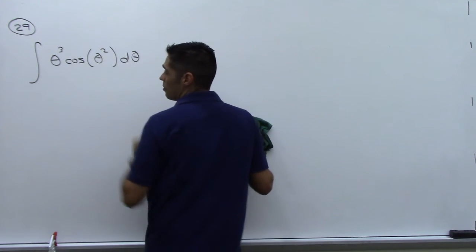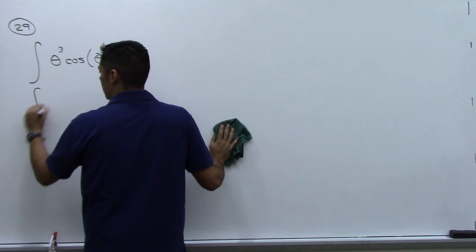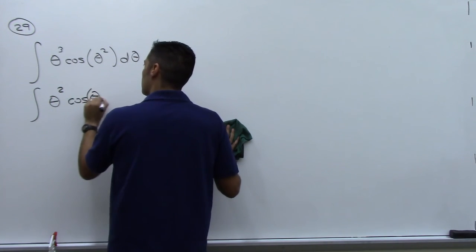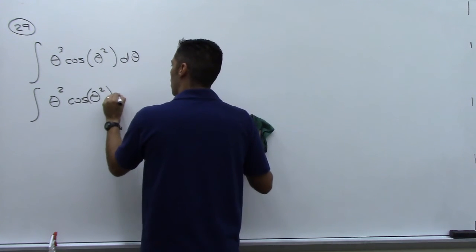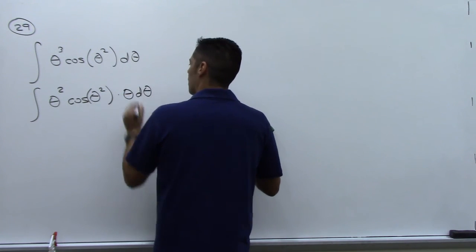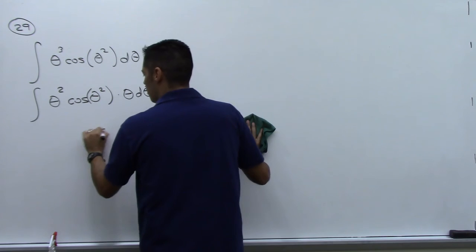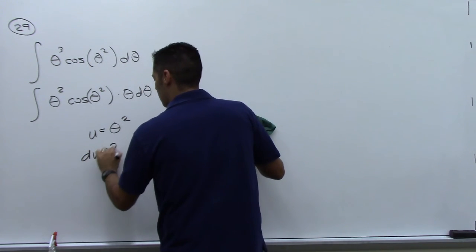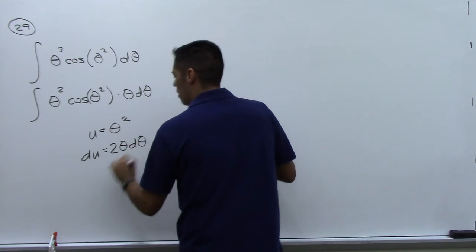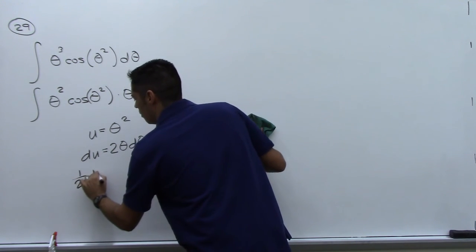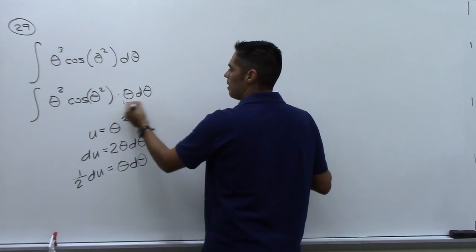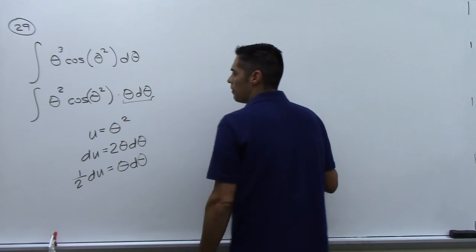I have 3 factors of theta here, so I already know ahead of time I'm probably going to need to peel one of those factors of theta off. Here it is right there. But let's make our substitution. U is going to be theta squared. du is 2 theta d theta, which means 1/2 du is theta d theta.